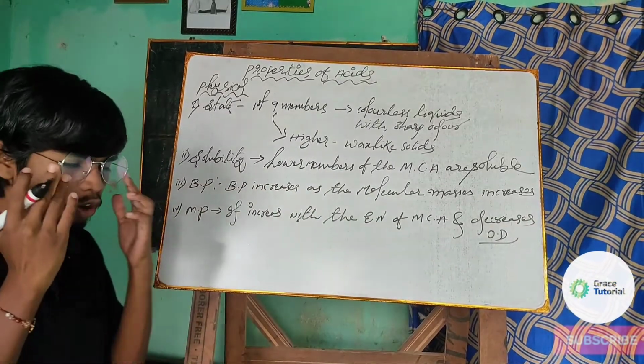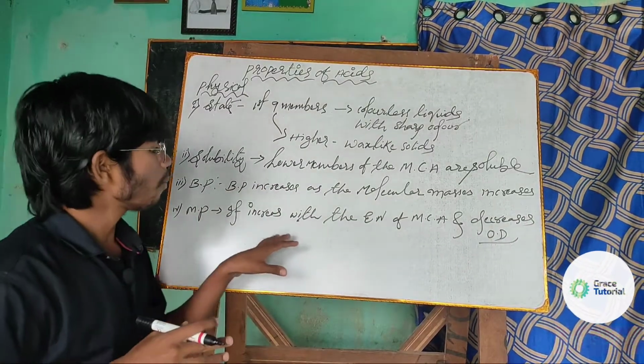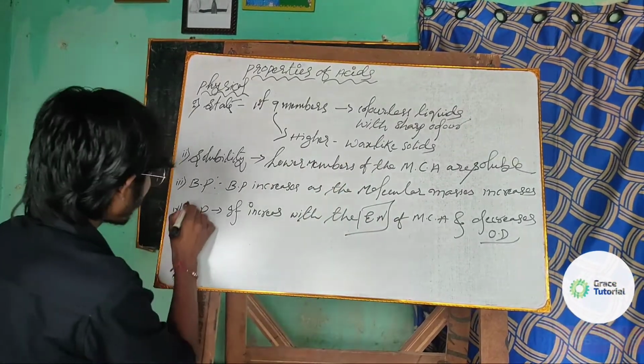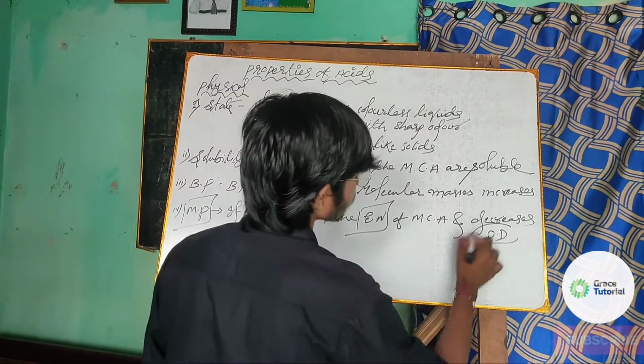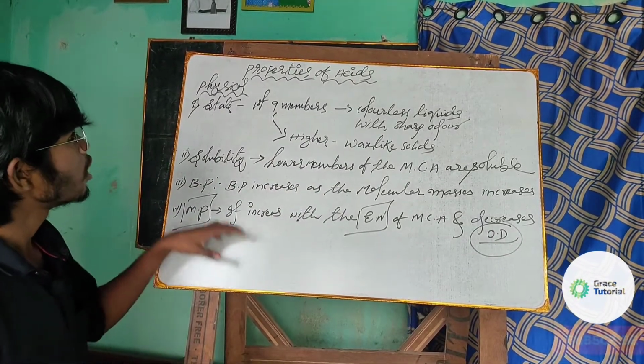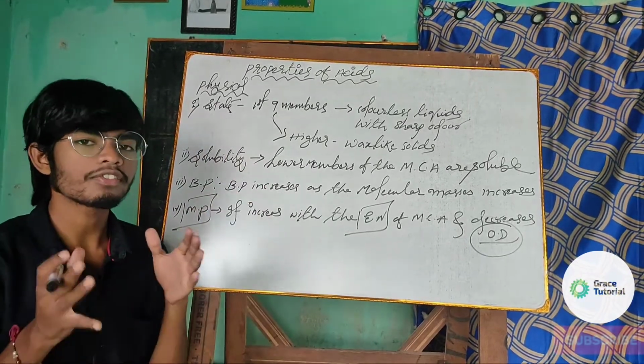That means if the molecular mass is an even number, then the melting point increases, and in the odd number, the melting point decreases. So this is all about the different physical properties of carboxylic acids.